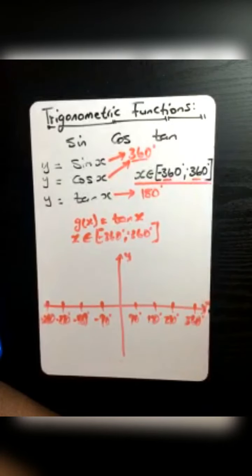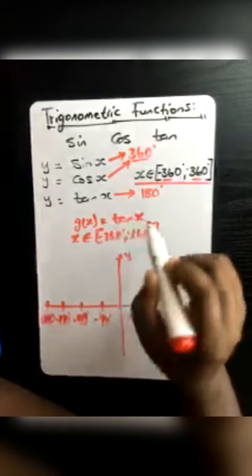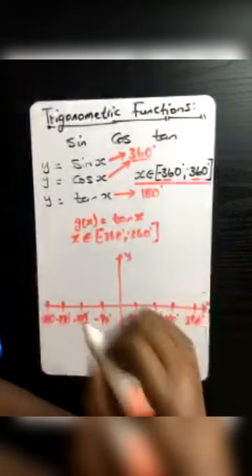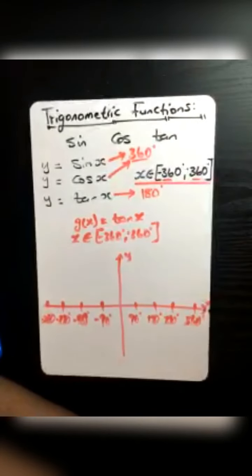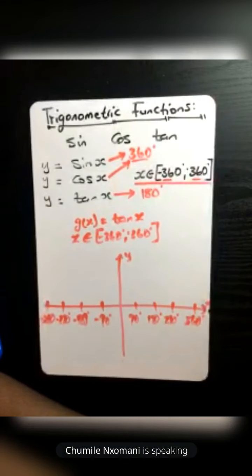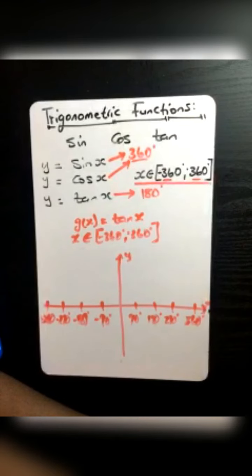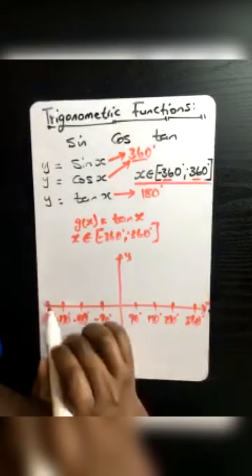I didn't hear you. Okay, so I was saying let's start to plot this one. Start from negative 360. What are you getting there when you punch? When I punch in tan of negative 360, I'm getting 0. Okay, next value.